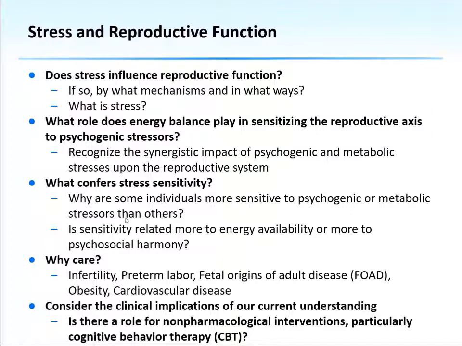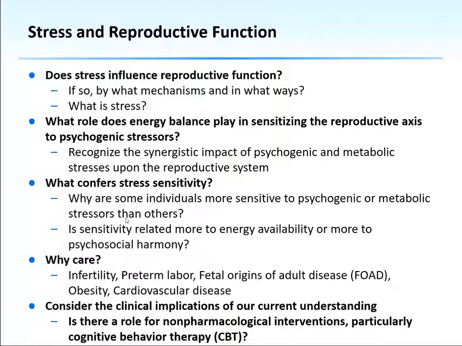And we have thought also to understand if some people's GnRH pulse generator is more sensitive than others. And that's been a fairly fruitful area of investigation and is clinically relevant. So I'm going to review some of this. So why would we care? First, in our presentation would be infertility.